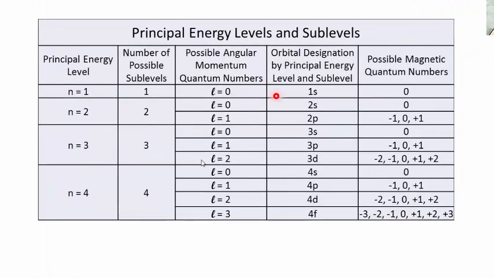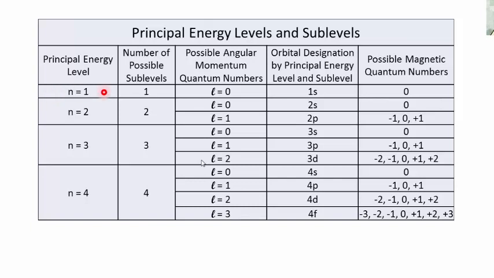When n equals 1, we can only have a 1s orbital, and its magnetic quantum number can only be 0. When n equals 2, we can have L equals 0 or 1, meaning we can have an s orbital or a p orbital. Now notice the 1, the 2, the 3, the 4 in front of these letters corresponds to the n value.